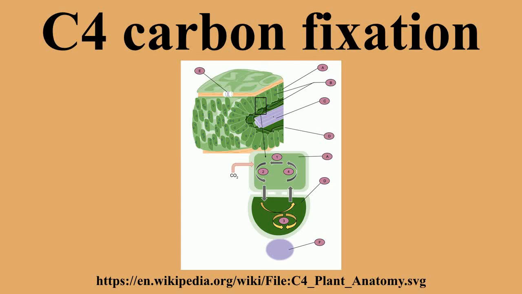The evolution and advantages of the C4 pathway. C4 plants have a competitive advantage over plants possessing the more common C3 carbon fixation pathway under conditions of drought, high temperatures, and nitrogen or CO2 limitation.